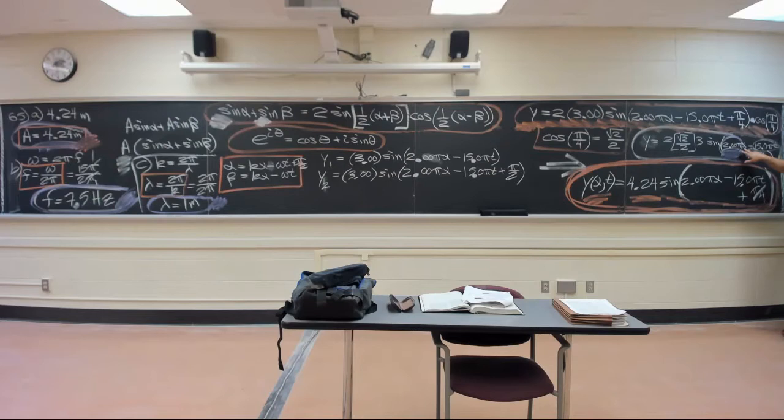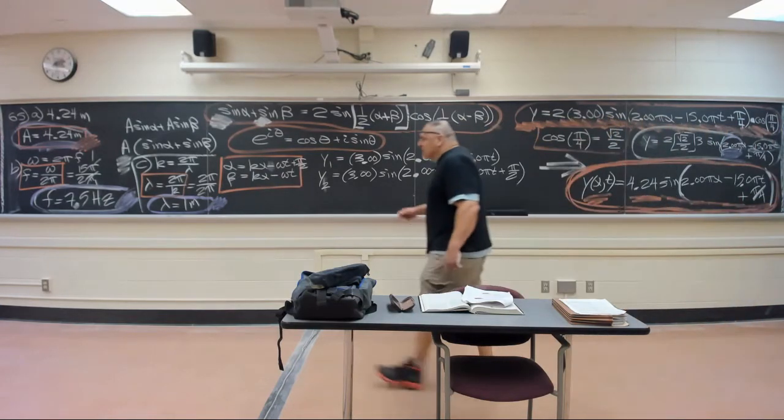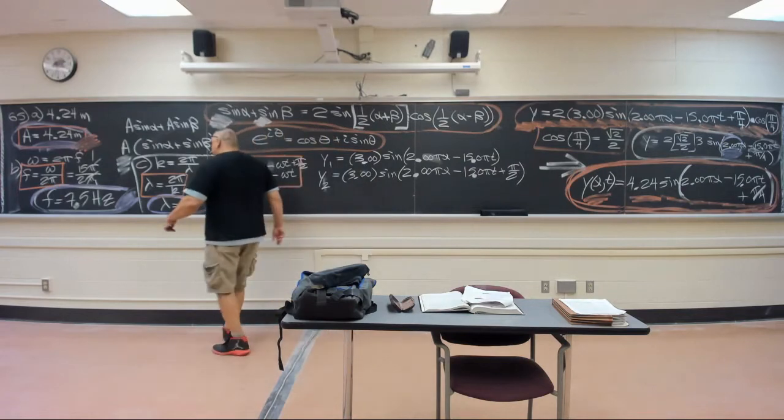You don't need x to be a big number for this thing to do a full cycle, to do a whole wavelength. If this is big, x can be small. X is associated with the wavelength. Likewise, if this is small, you need a lot of x for that to happen. And that's a big wavelength for the wave number there.